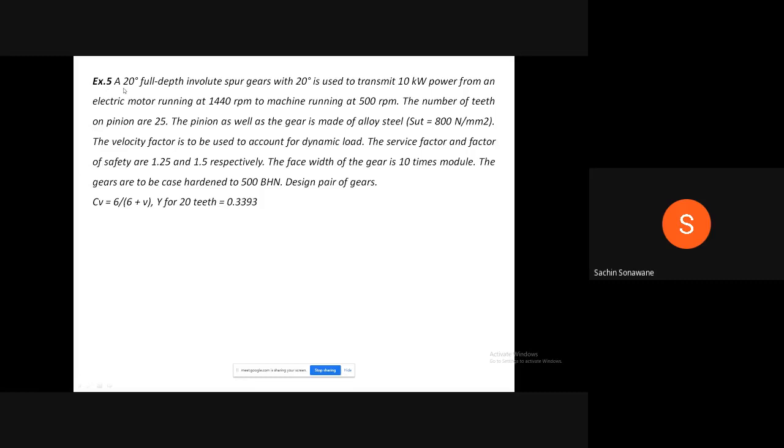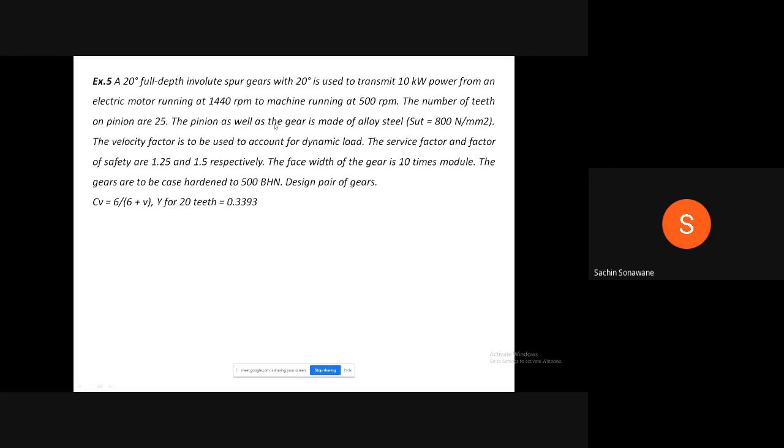Example number 5. A 20-degree full depth involute spur gear is used to transmit 10 kilowatt power from an electric motor running at 1440 rpm to a machine running at 500 rpm.